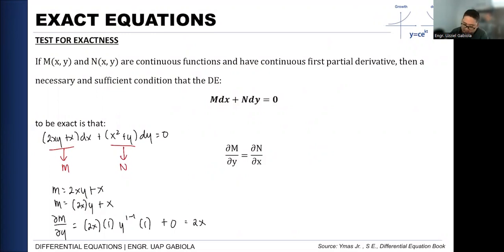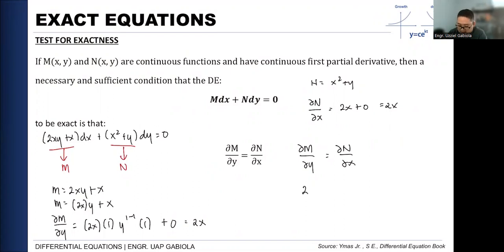Now, on the other side, N is equal to x squared plus y. Now, we will take the partial of N with respect to x. So y is the constant. What will be our derivative? 2x plus 0, or 2x. Okay? So we need to check that the partial of M with respect to y and the partial of N with respect to x are equal to identify that our equation is exact.